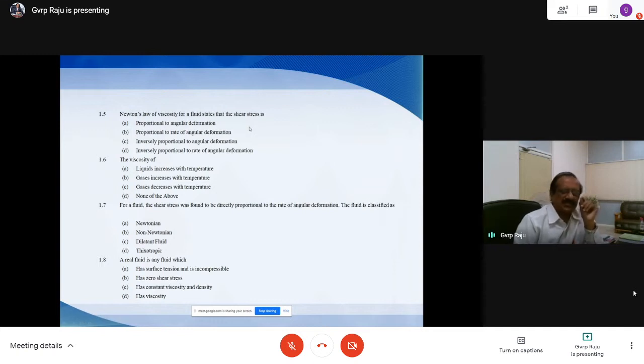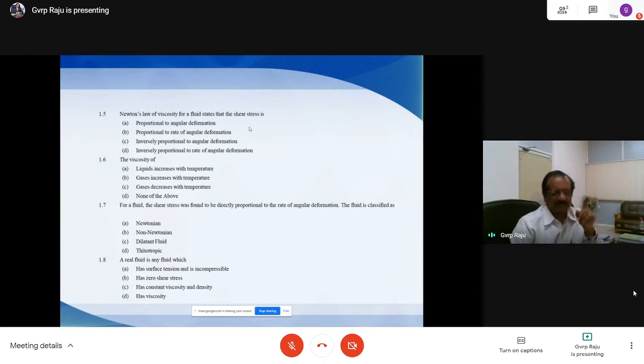Newton's equation of viscosity is tau equal to dynamic viscosity times du by dy, or tau is proportional to rate of deformation. And there are two assumptions for Newton's equation of viscosity to be valid.